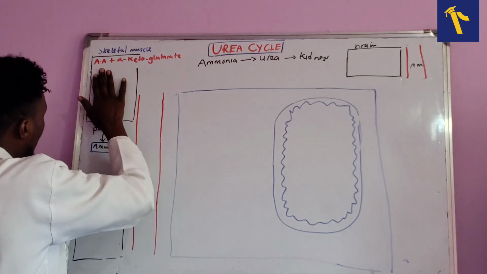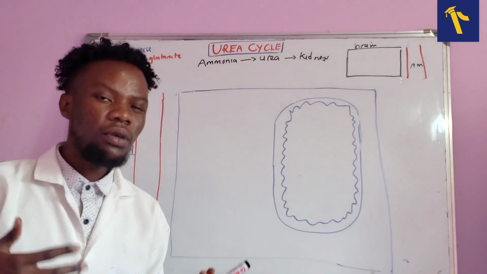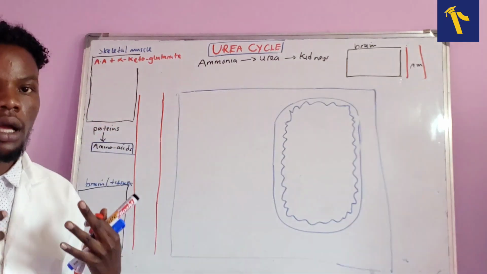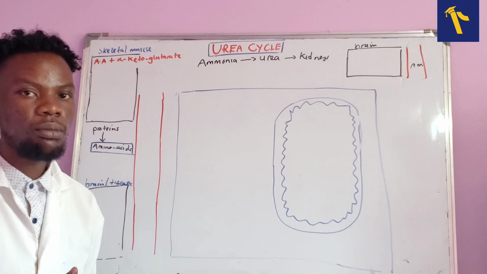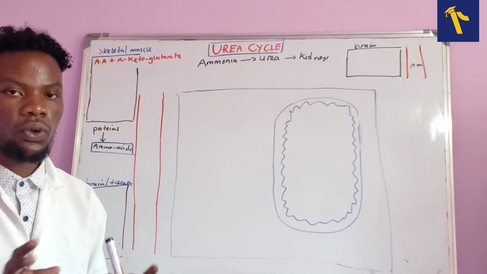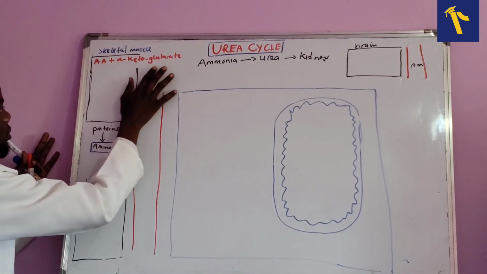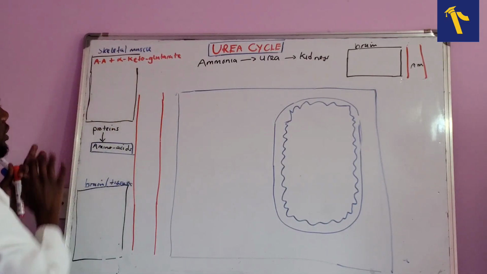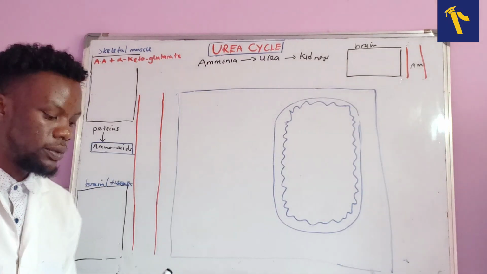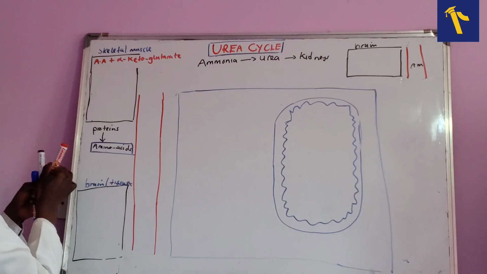So amino acid and amino acid are going to be there, because we know that there are a lot of amino acids that the body is going to absorb into the bloodstream and into the skeletal muscles. We've got essential and non-essential. So an amino acid is going to combine with this alpha ketoglutarate and produce something that is very important in the skeletal muscles. Okay, so let us look at the product for this.